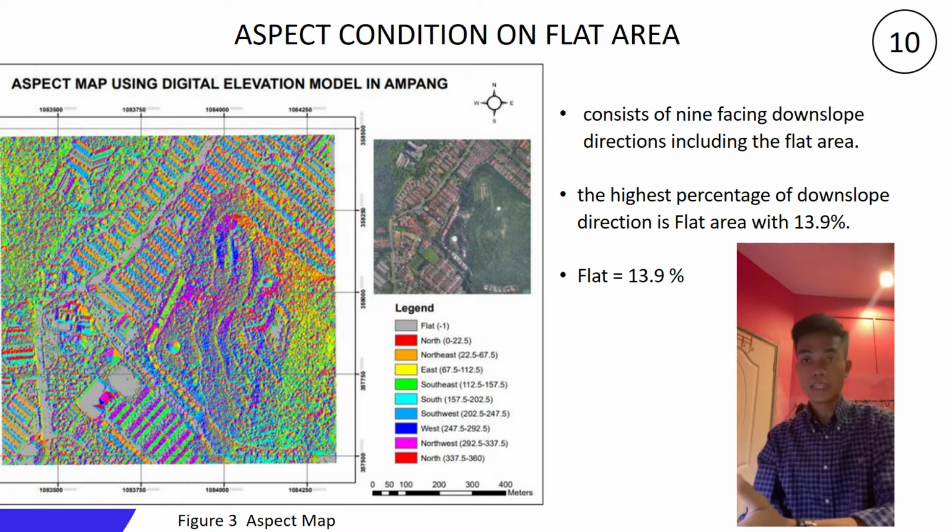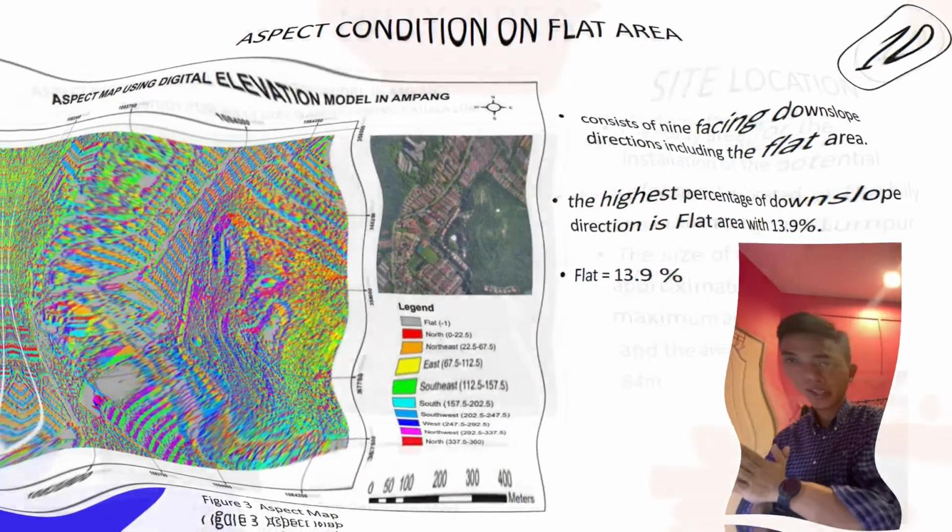They consist of 9 facing downslope directions, including flat. The aspect map shows the highest percentage of downslope direction is flat area, which is 13.9%.